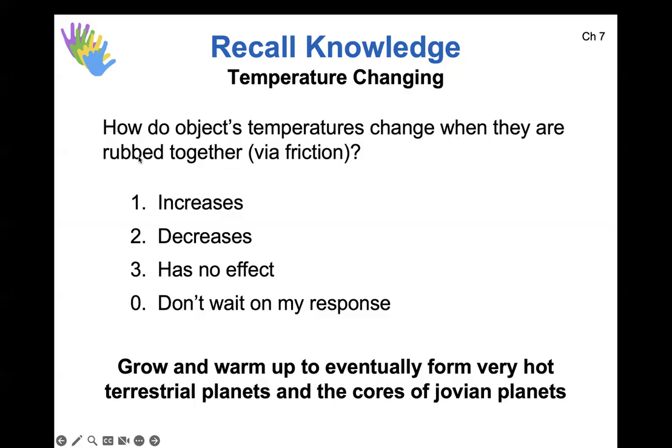Well, rubbing, smashing might seem like different things, but that's kind of what we're talking about here: planetesimals coming together and converting some sort of movement energy called kinetic energy into heat, which of course would cause, giving you the answer, an increase in temperature. So this is just simply things are heating up.